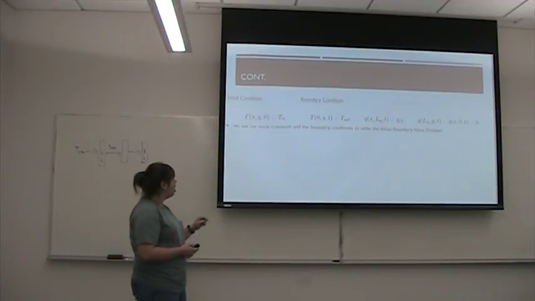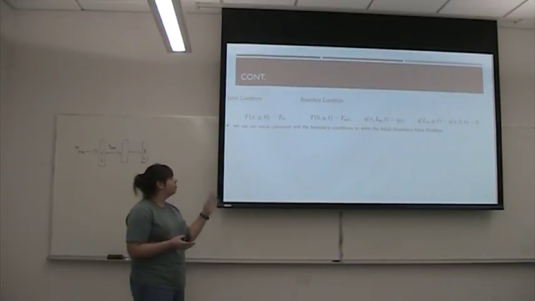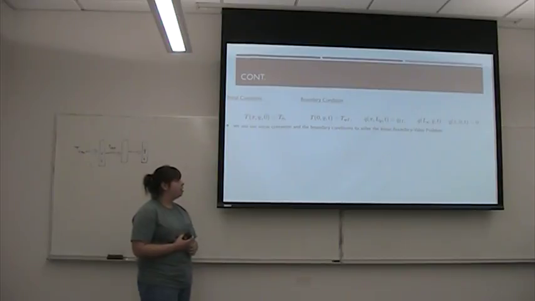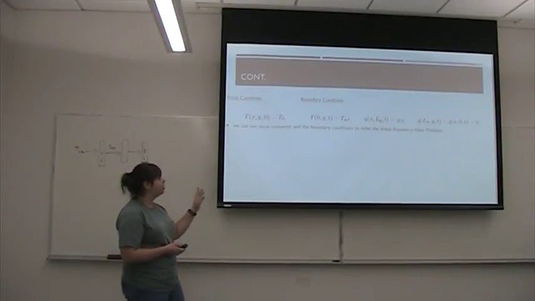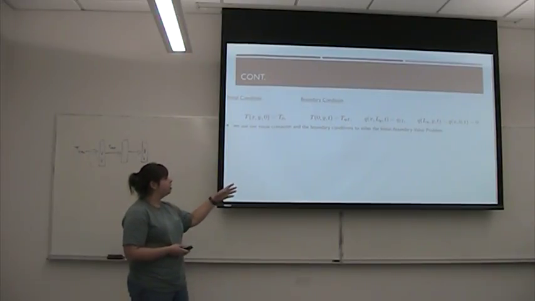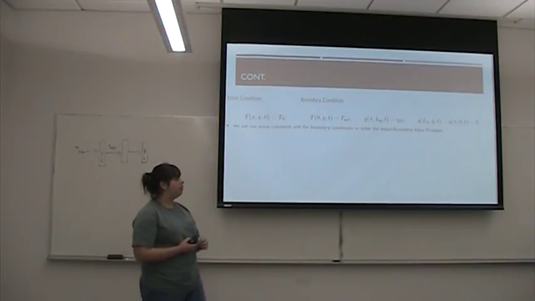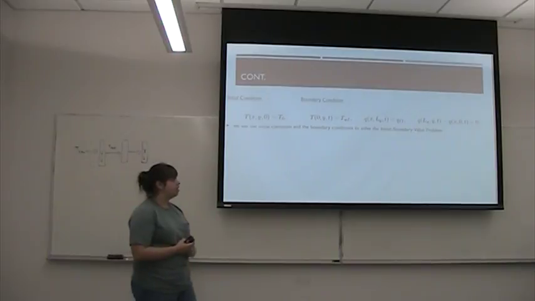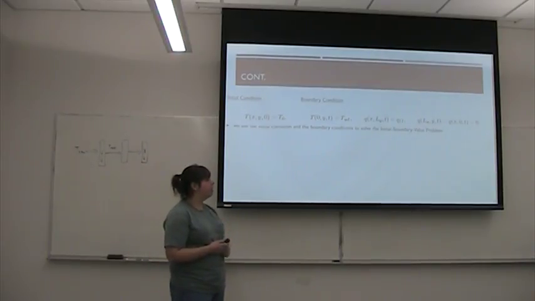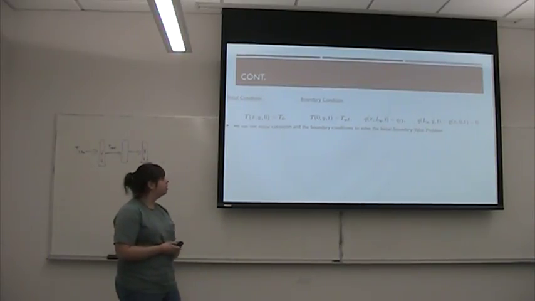Our initial condition is basically just saying that at t equals 0, we have a temperature of T naught. And our boundary conditions: at surface 1, we have TWI, and then at surface 2, we have a heat flux of Q2, and then at surface 3 and 4, we have heat flux of 0.